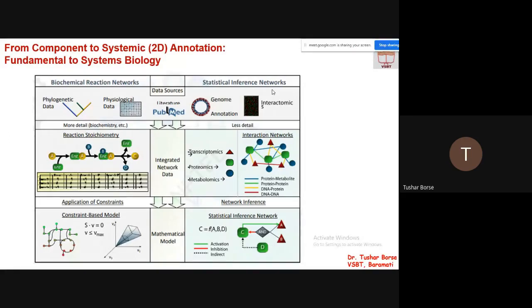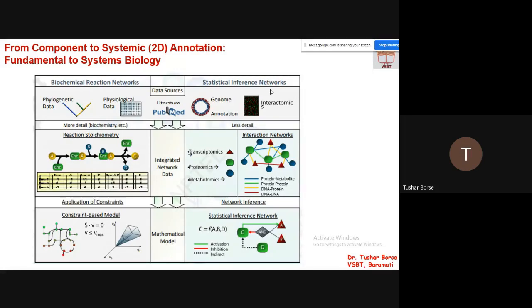The data which is now available from different advanced instrumentation, we are trying to put mathematically or statistically into the form of a network. That is nothing but the statistical inference network.